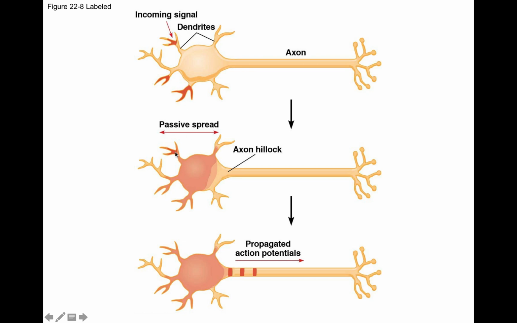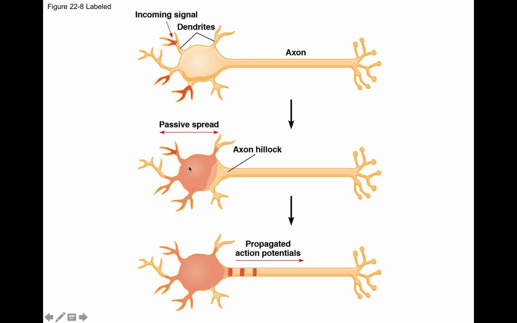Then that incoming sodium at the dendrites will tend to change the conductance of sodium right next to it, because those sodium channels are also voltage dependent, and you're changing this local voltage of the membrane by those sodium channels opening. That causes sodium channels right next to them to open because they're sensitive to that voltage change, and that causes sodium channels right next to them to open, and that causes a voltage change.